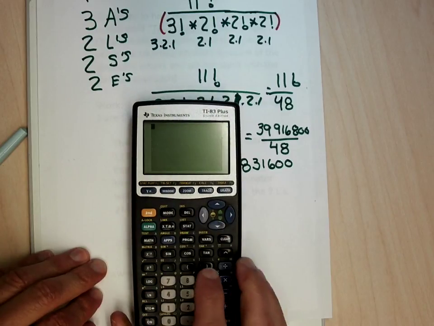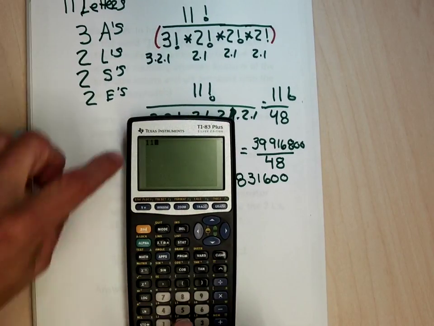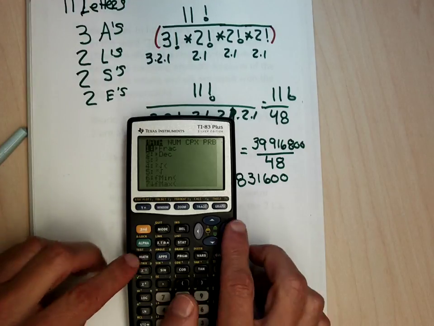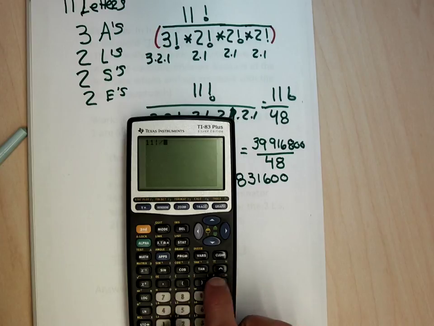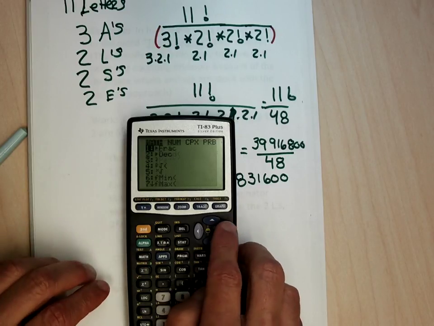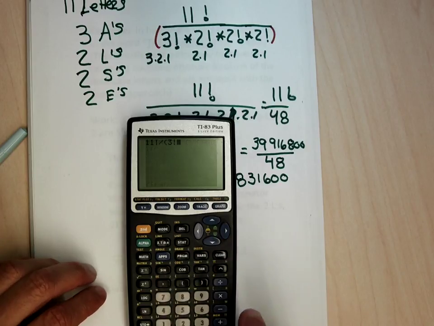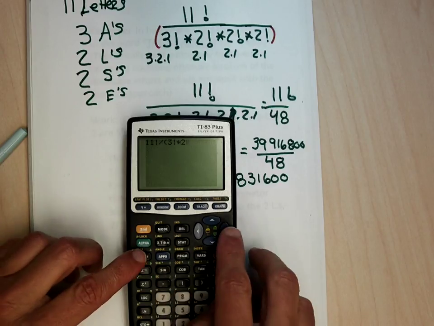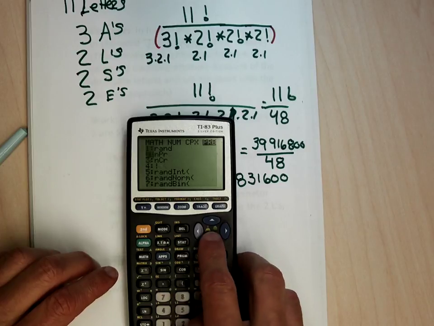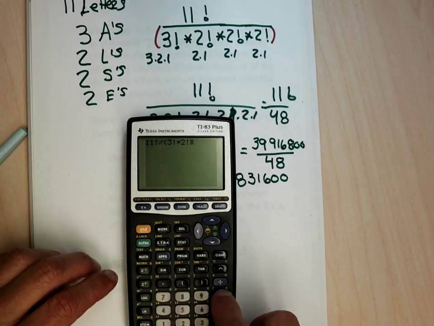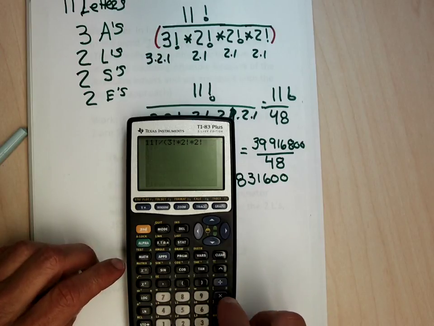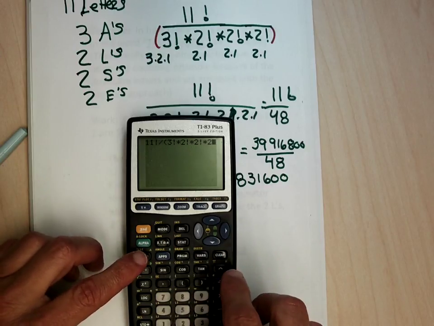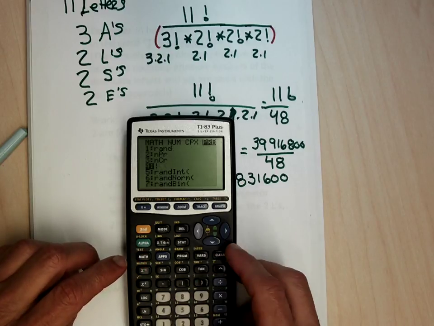So I'm going to do the numerator, which is 11 factorial of the unsimplified version. So math, PRB, down to 4 and hit enter. And then divide it by parentheses, 3 math, PRB factorial times 2 math, PRB factorial times 2 math, PRB factorial times 2 math, PRB factorial.